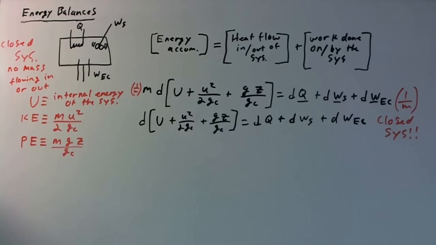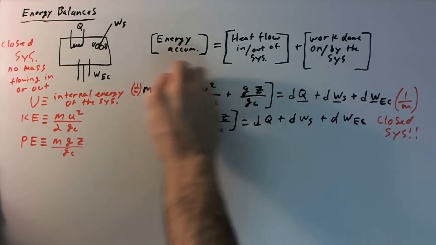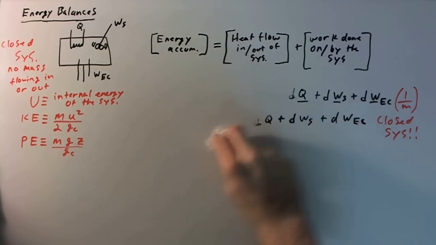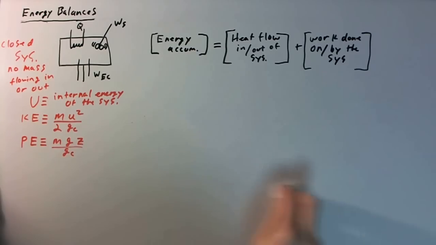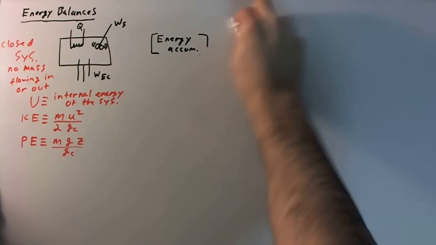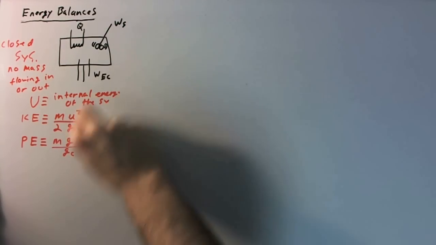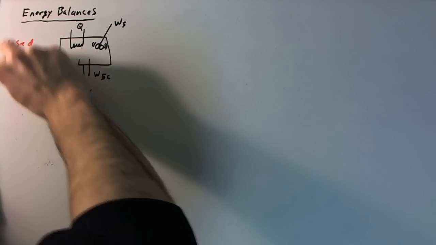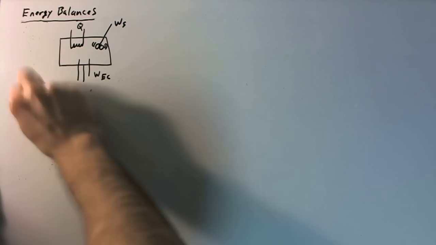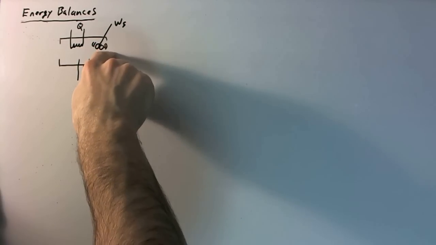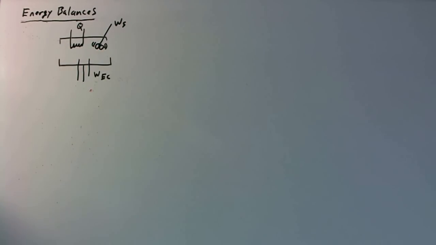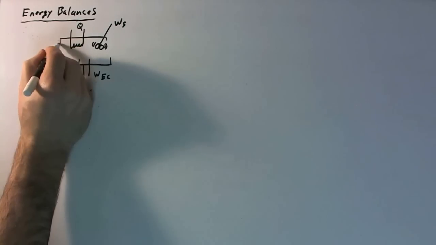So what happens if we have an open system, say we have mass flowing in and out? So let's rewrite this and get rid of this. Now we have some mass flowing in here, we have some flow rate.